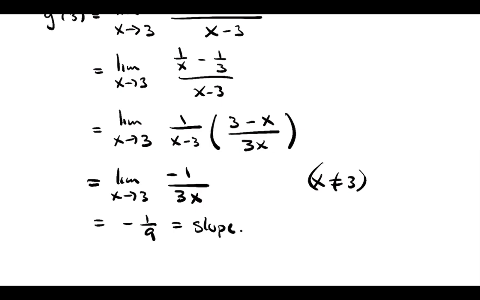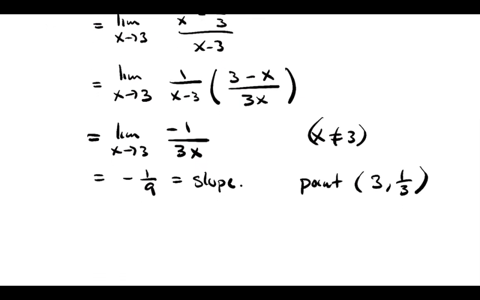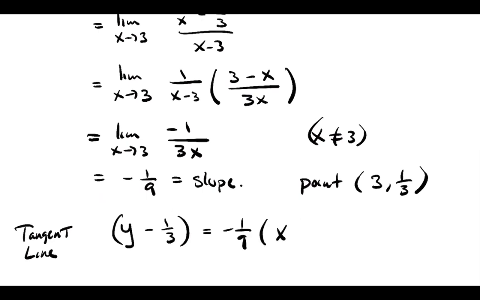So now what do we got to do? We've got to write down the equation through the point 3 comma 1/3. Let me just remind you, instead of scrolling, that our point was 3 comma 1/3. Our slope is -1/9. So let's use the point-slope form. This is the tangent line I'm writing down. Y minus the y coordinate I know is my slope, times x minus the x coordinate that's known to be on the line.